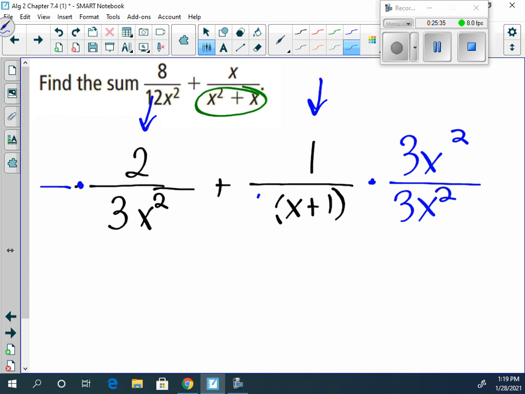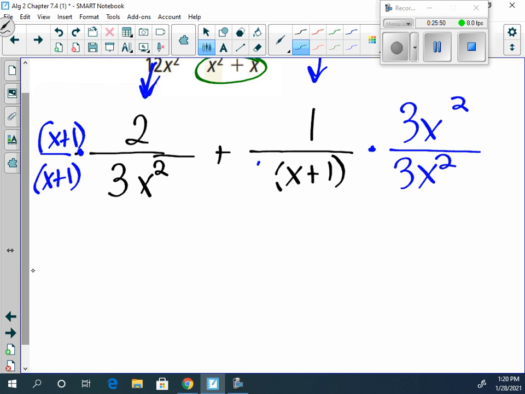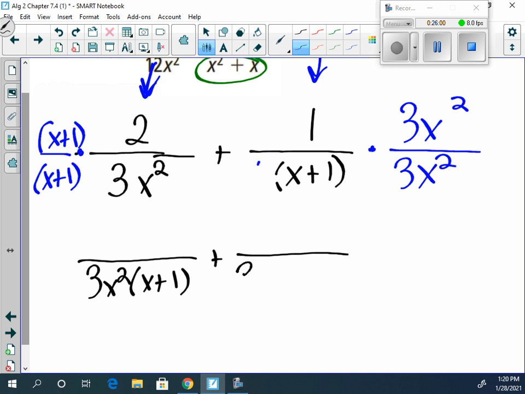Now, what is the other fraction, the one on the right, missing? x plus 1. Now again, on the denominators, we aren't going to multiply through, so we're just going to have 3x squared times x plus 1. And over here, we're going to have 3x squared times x plus 1.